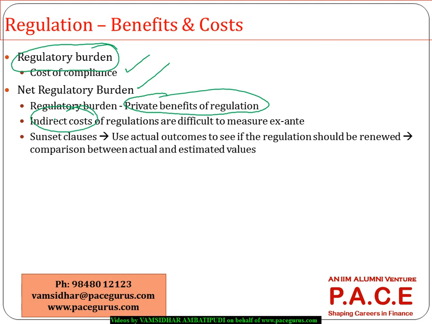Some kind of assessment of those things has to be done and figured out in the cost, but it becomes very difficult to find out all those indirect costs. So whatever net regulatory burden comes out may or may not be an appropriate measure, because there is a lot of difficulty, as economic behavior can keep changing with time.